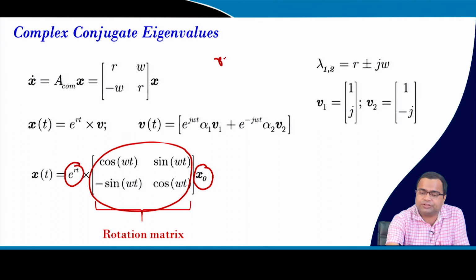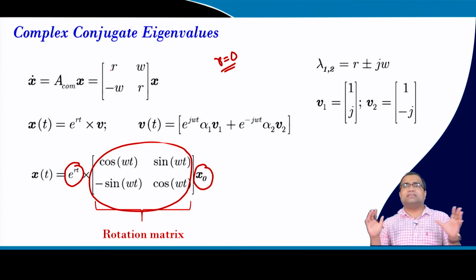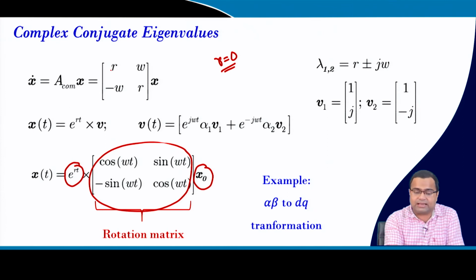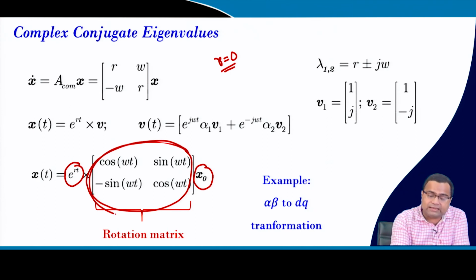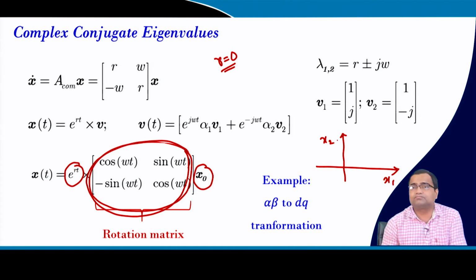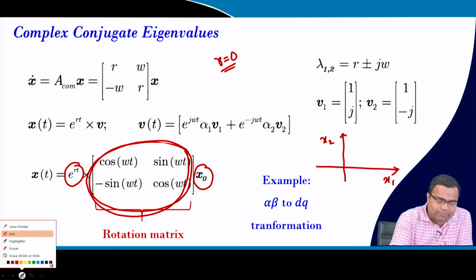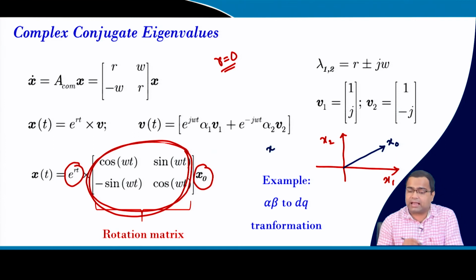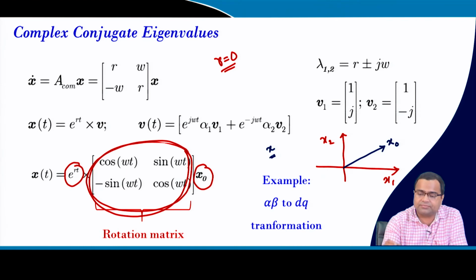If r equal to 0, that means it is purely imaginary complex conjugate, then e to the power 0 is 1. If you multiply with this quantity, you can move the vector. Let us take x1, x2 axes, where in this plane we have considered one initial vector, x0.